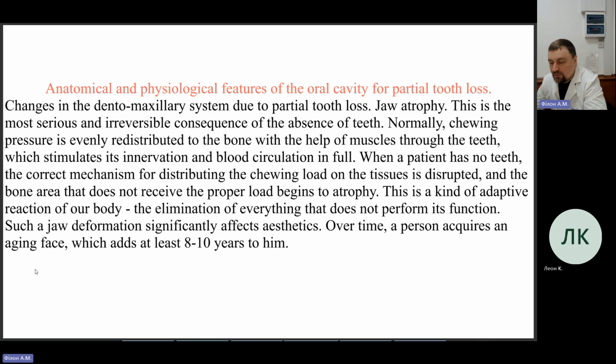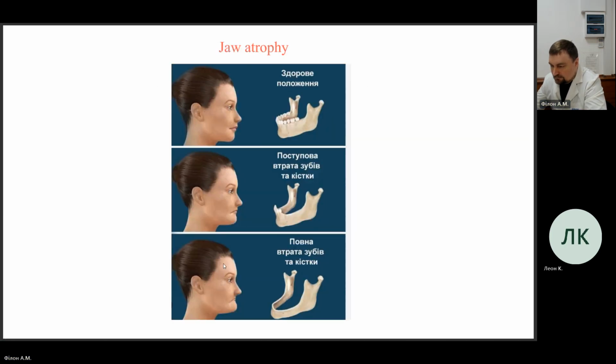Such a jaw deformation significantly affects aesthetics. Over time, a person acquires an aging face, which adds at least 8 to 10 years. Let's see. Jaw atrophy, look at this.